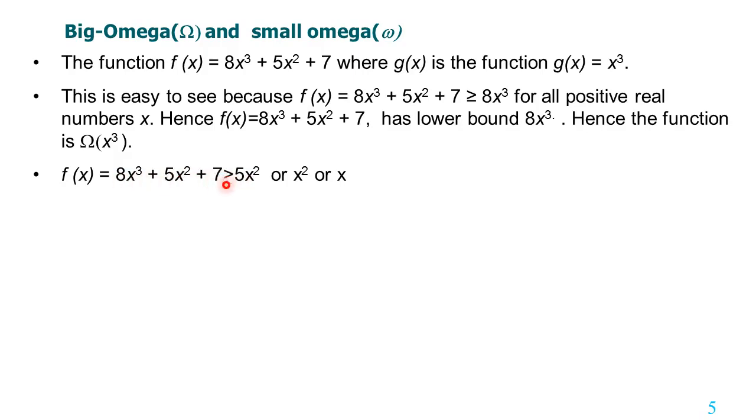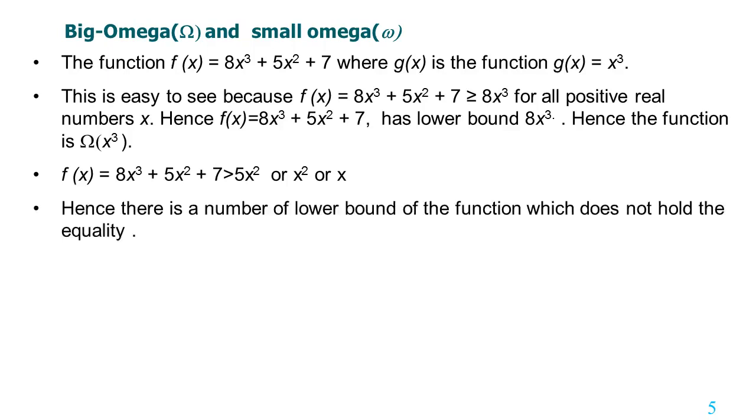It does not hold the equality sign. Here it holds the equality sign, but here it does not hold the equality sign. Hence there are a number of lower bounds of the function which do not hold the equality sign.